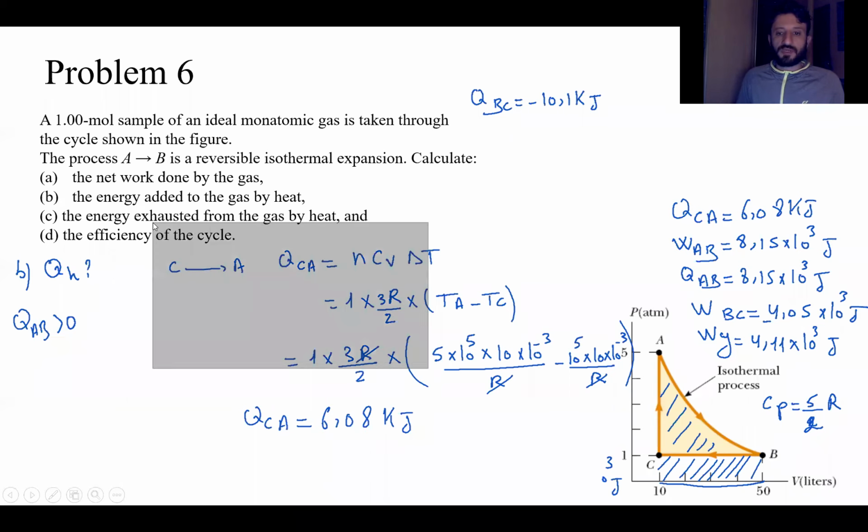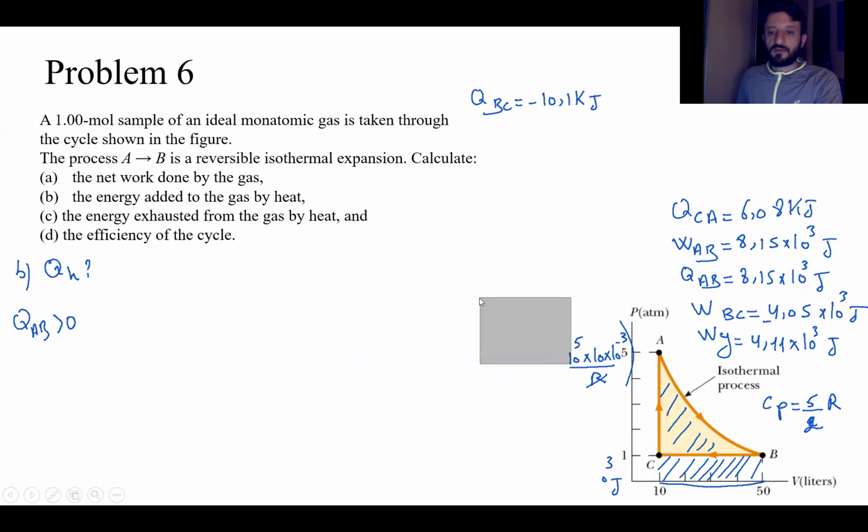So we can calculate the total Q hat. We take only the positive values. Q hat equals the positive values. We have only QCA and QAB; QBC is negative, okay?